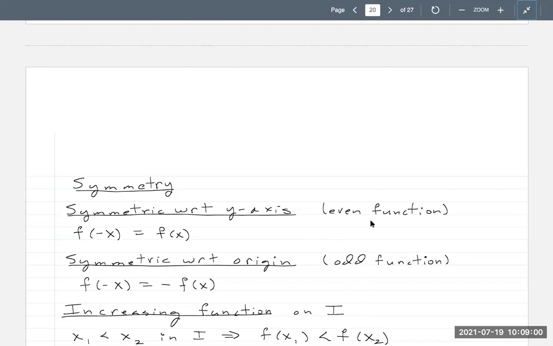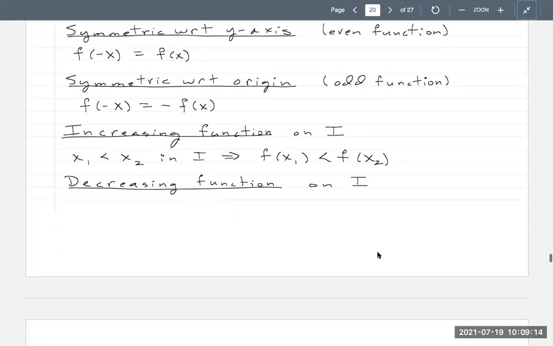That's why we call these even and odd functions: an even exponent gives you an even function, an odd exponent gives you an odd function. It turns out that for polynomials and rational functions, it's pretty easy to figure out if they're even or odd just by looking at their exponents.